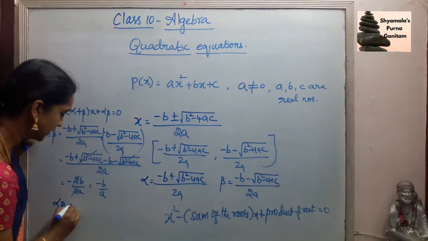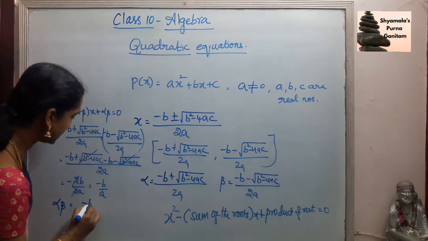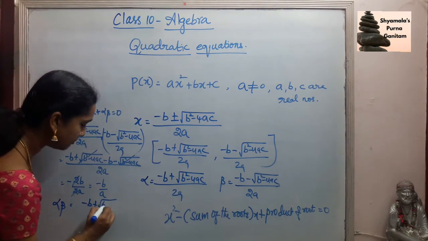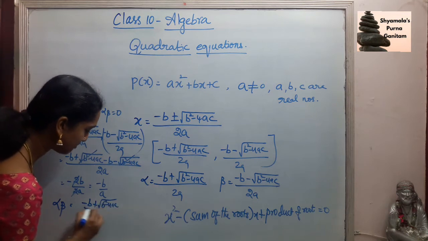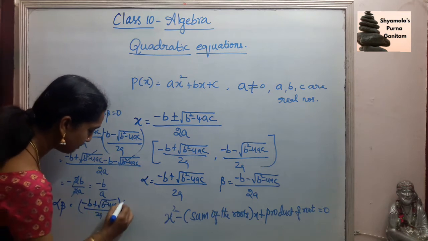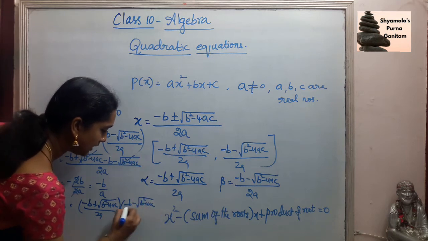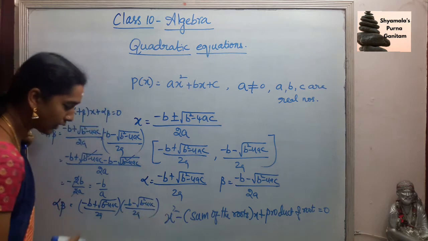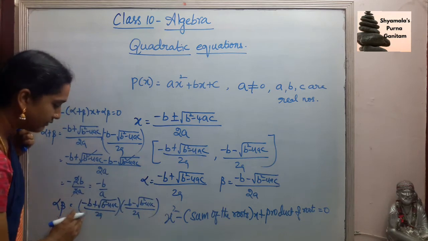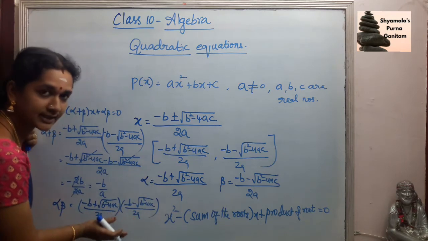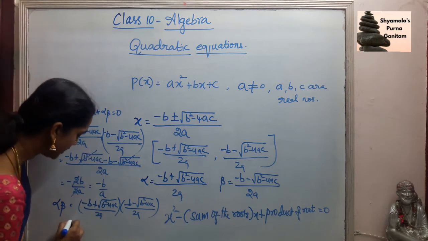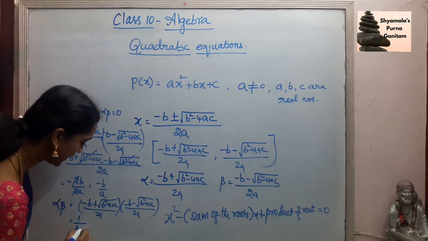So the sum of the roots we found. Now alpha beta, that is the product of the roots, is minus b plus root of b squared minus 4ac by 2a, then minus b minus root of b squared minus 4ac by 2a. When we simplify this, 2a and 2a is there in the denominator, we will take it out, we will get 1 by 4a squared.